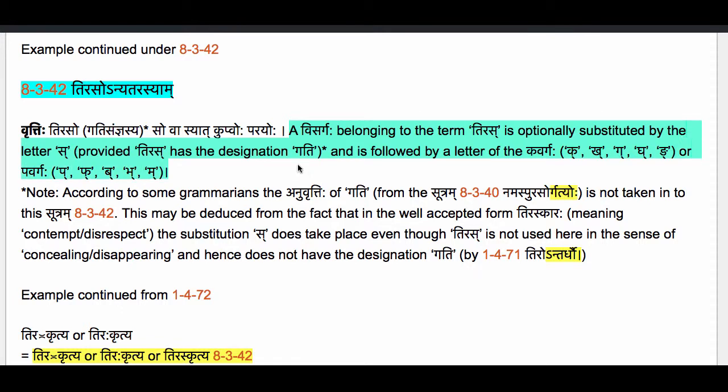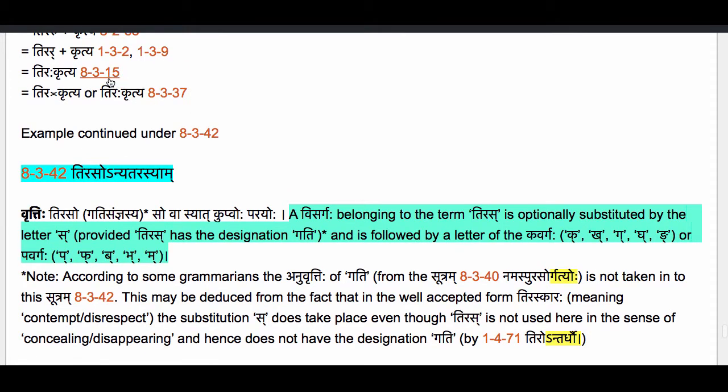Remember that the visargaha is generated by the Sutram 8315 karavasanayor visarjaniyaha. So therefore, letter of the ka vargaha or pa vargaha, which is following the visargaha, is going to be a khar letter. So the only possibilities are ka, kha or pa, pha.